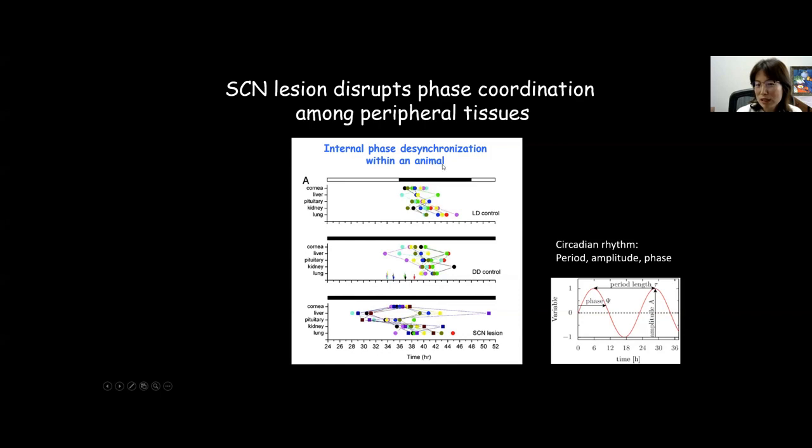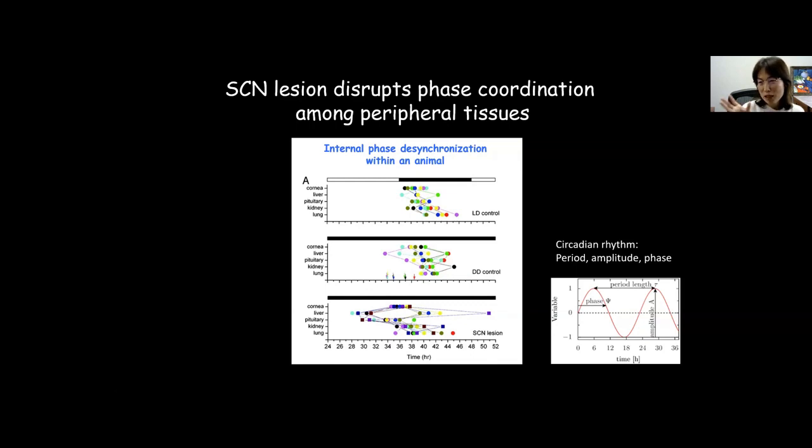When we compare this internal phase, our mouse tissues have internal phase coordination. For example, the lung circadian rhythm peaks latest and the cornea peaks earliest. Each animal is indicated by one color, and you can see that the internal phase between animals is very conserved. But in SCN lesion, this internal phase control is all abolished.